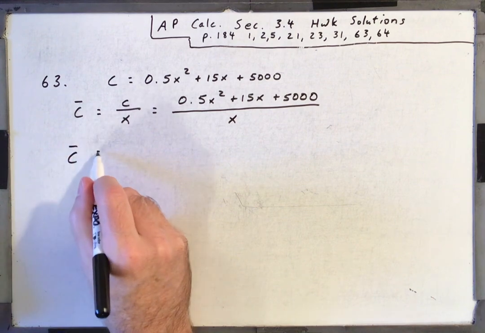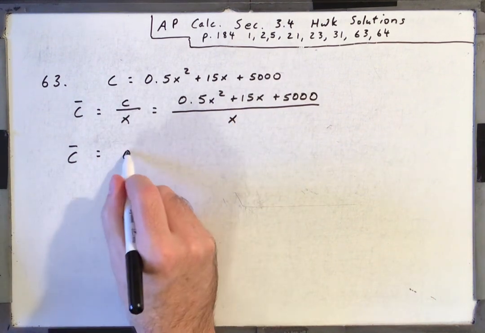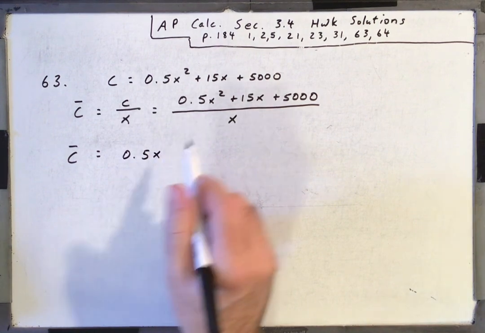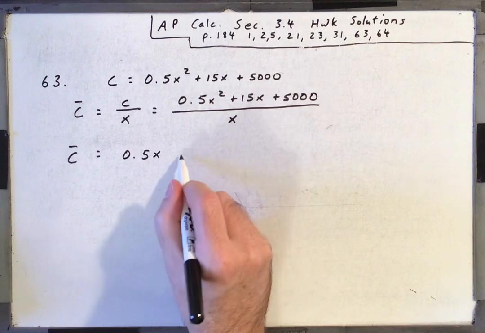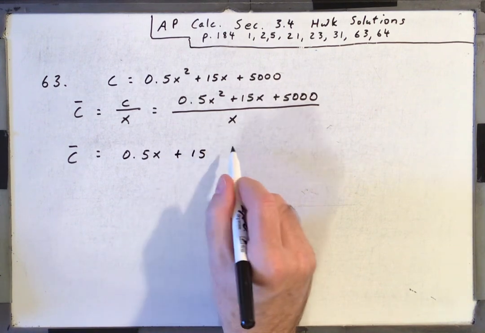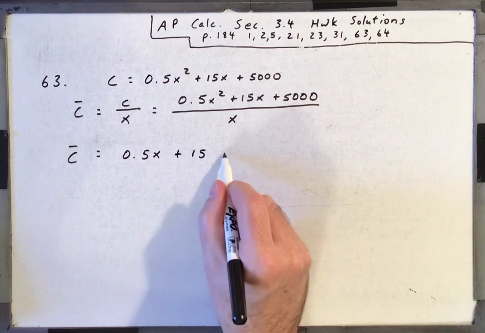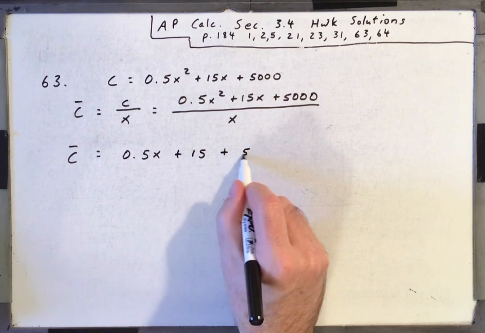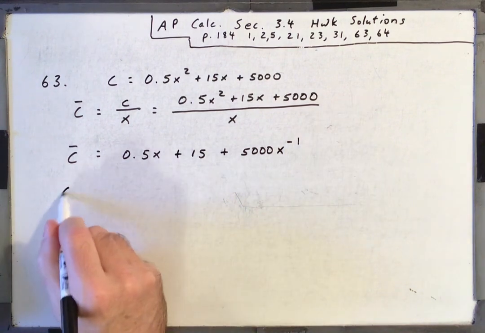So our equation for C bar that we're going to take the derivative of: x goes into x squared, you'd have 0.5x, one of the x's cancels, and then plus 15, because the x is canceled there, plus 5,000 over x. I'm just going to save a little time here and write that as 5,000x to the minus 1.